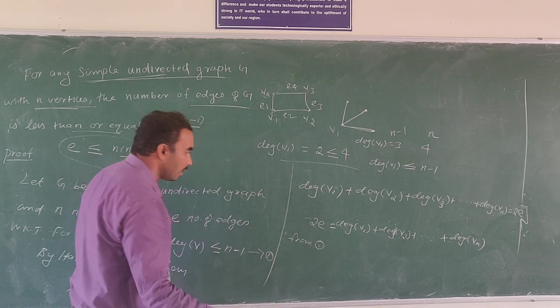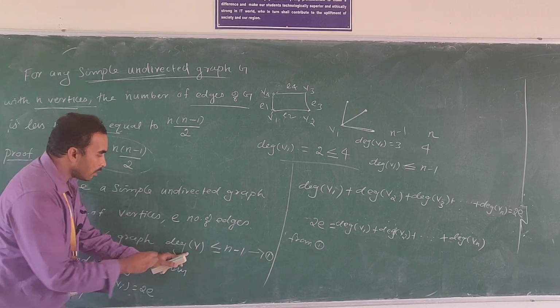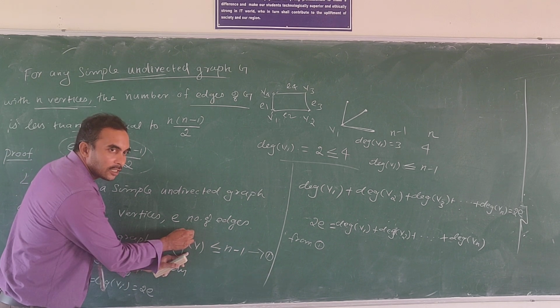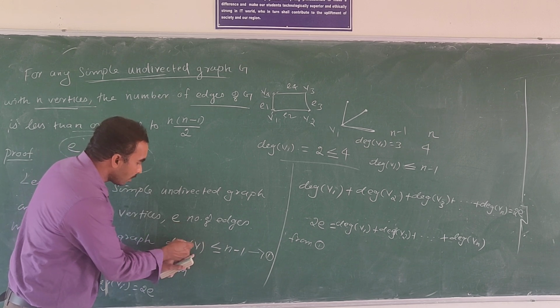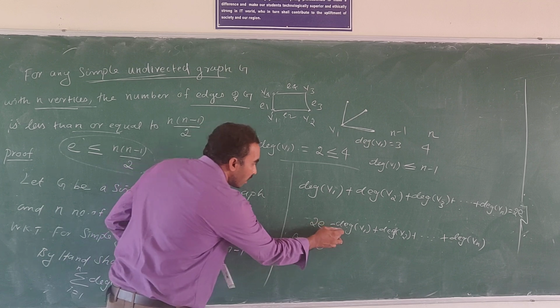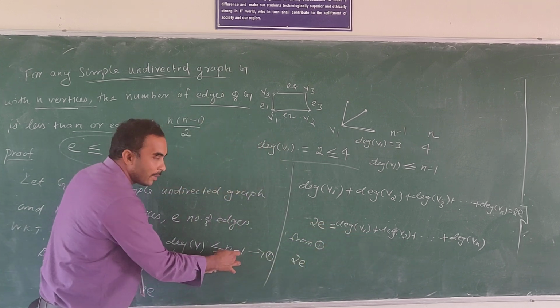Listen, any simple graph satisfies this condition. So instead of degree of V1, we can write n minus 1.